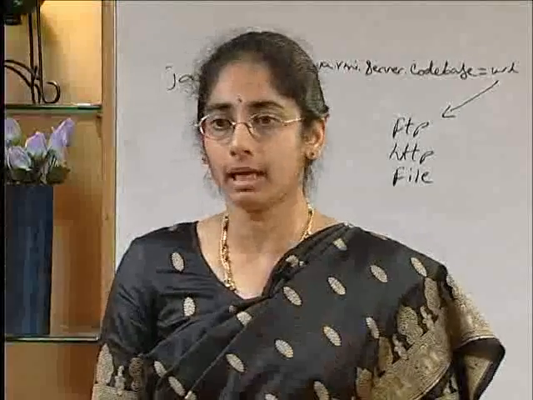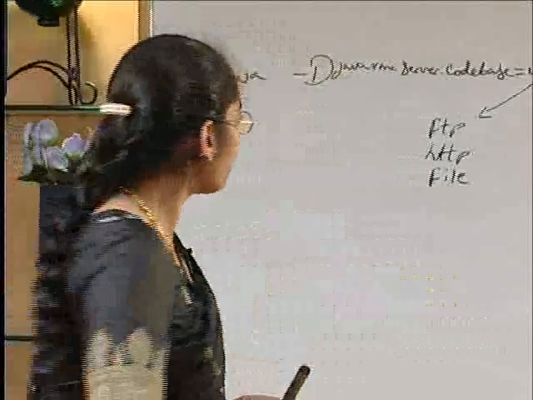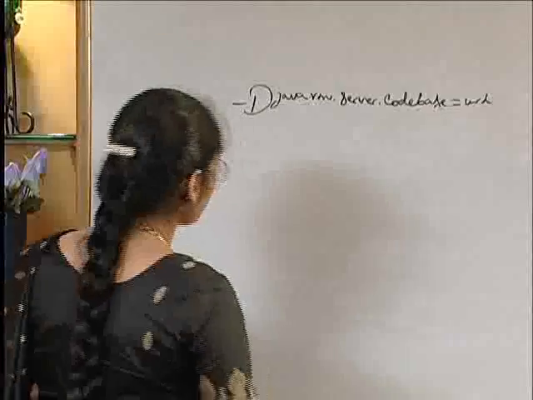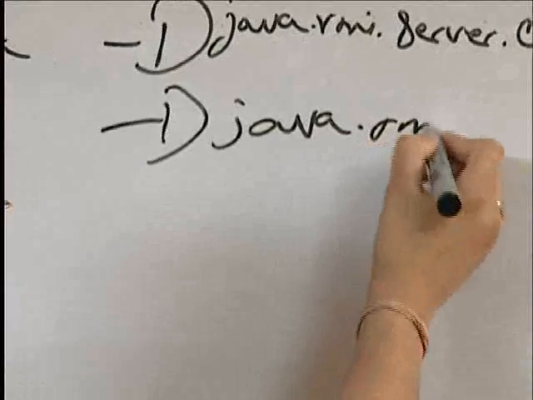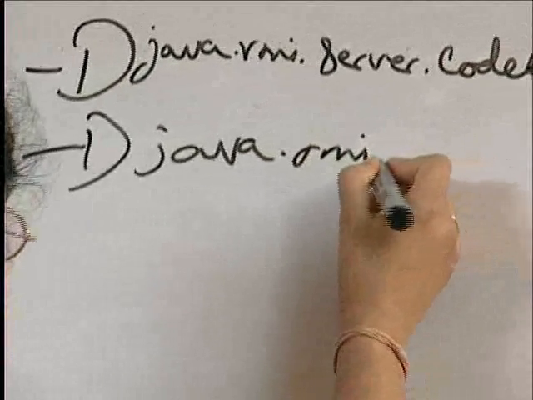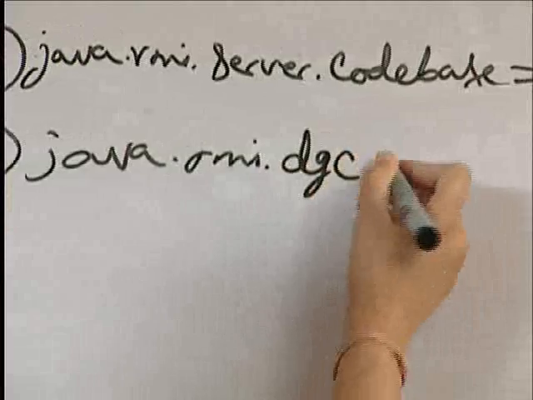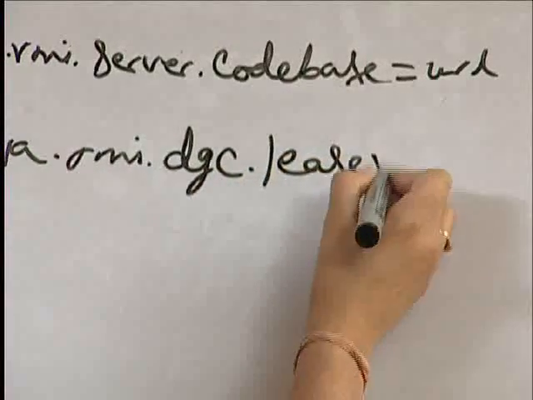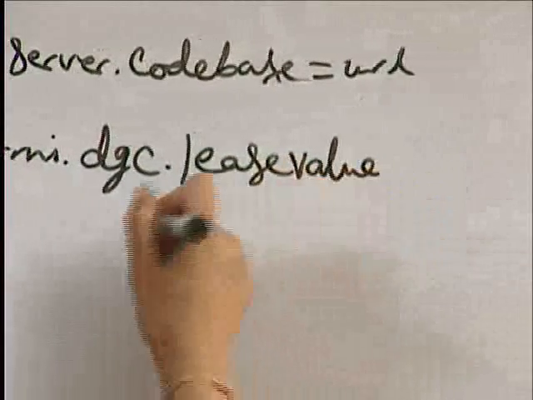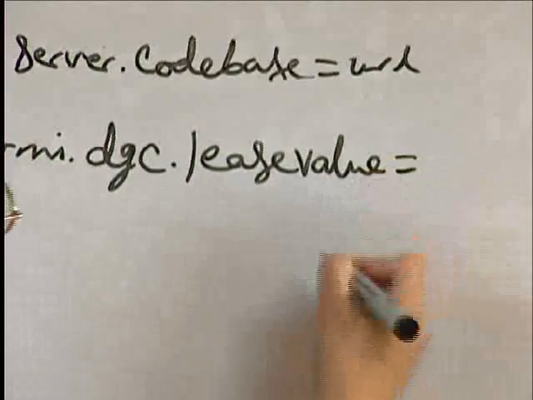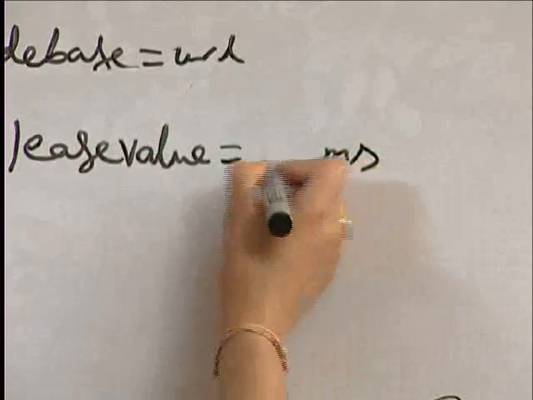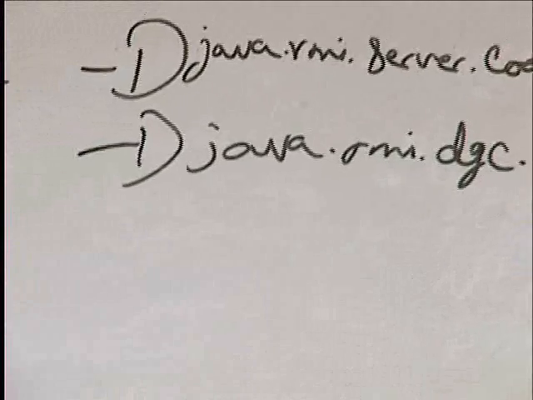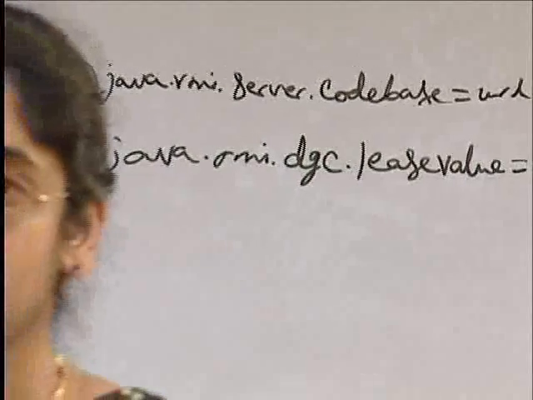You can set this value by specifying a property called java.rmi.dgc.leaseValue equal to a value in milliseconds. That becomes the lease value time for your objects.